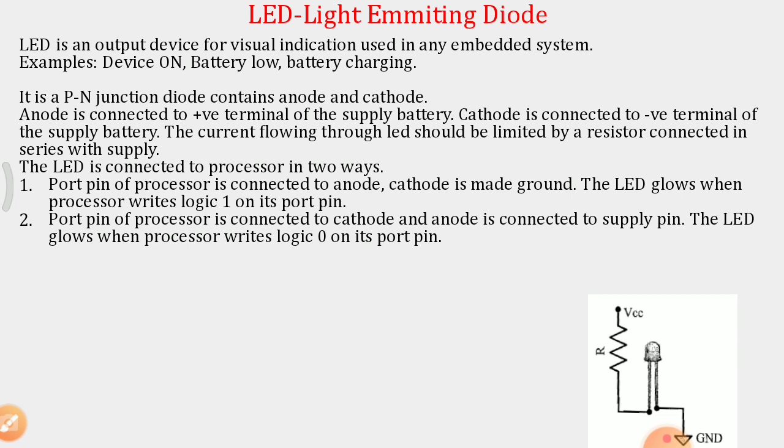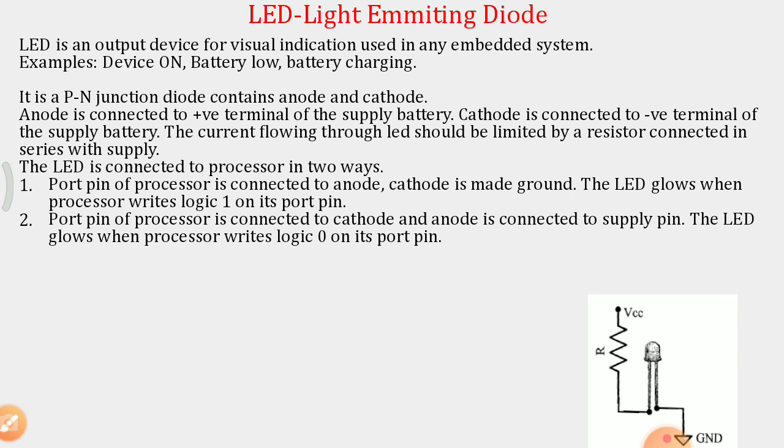In the below figure we can see that the current flowing through the LED should be limited by a resistor connected in series with the supply. The LED is connected to the processor in two ways. It is interfaced with the processor or controller in two ways. A port pin of the controller is connected to the anode.